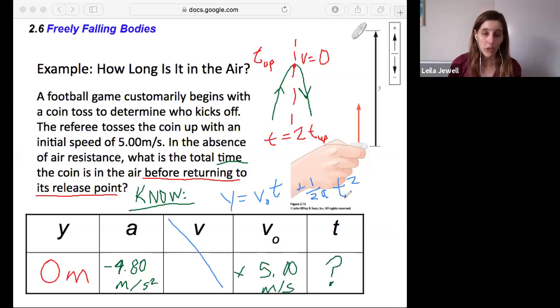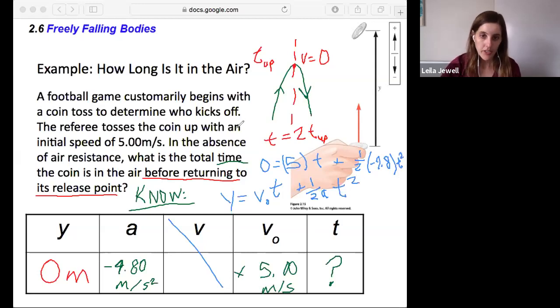And maybe honestly, I will do that now just to highlight it, to show that it is possible. But if you prefer instead breaking the motion in half and solving for the time it takes to go up and multiplying that by 2, that would work just as well. Okay, so let's take a look here. If we start plugging in our numbers, we would have 0 is equal to 5, I'm going to drop my units, times time plus 1/2 times negative 9.8 times time squared.